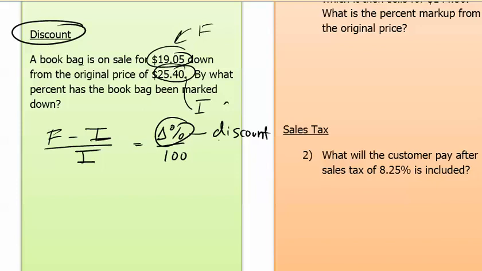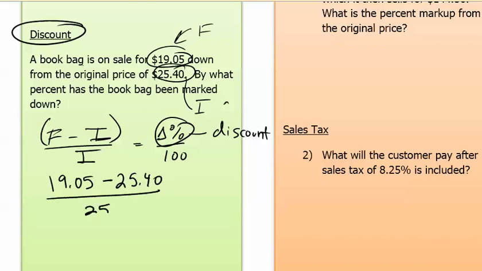To do that, we have to find the difference between the prices, which we do by subtracting the initial from the final. So if the final price is $19.05 and the initial price, the original price, was $25.40, then we can find that change.